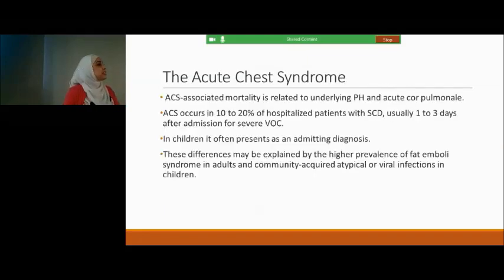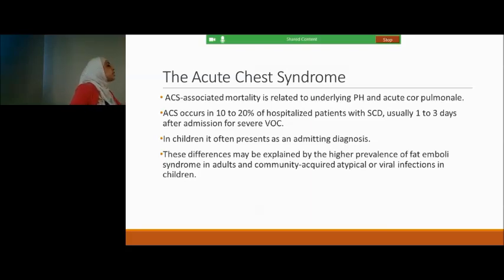As we said previously, when this happens, you expect to have pulmonary hypertension and right heart stress or right heart failure with the acute chest syndrome. And a very nice observation comparing adult literature with pediatric literature is that they just noticed that pediatric patients present with the acute chest syndrome, and adult patients usually develop that in the hospital 1 to 3 days after hospitalization.